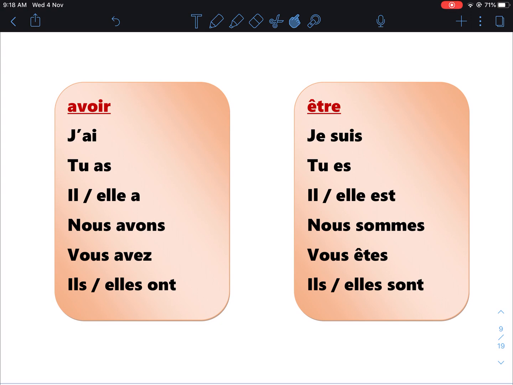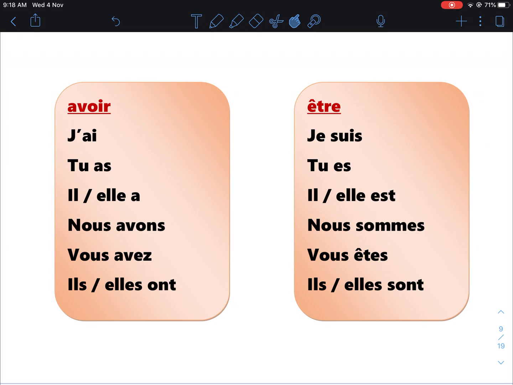You have here avoir: j'ai, tu as, il, elle a, nous avons, vous avez, ils, elles ont. You have être: je suis, tu es, il, elle est, nous sommes, vous êtes, ils, elles sont.